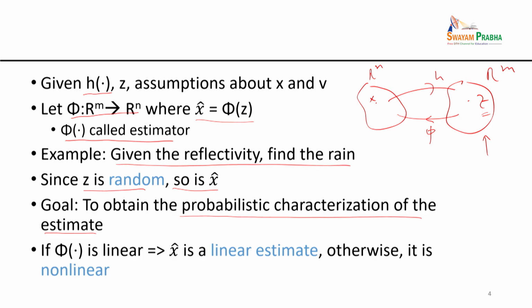So a complete way of describing a random variable is to characterize its probability distribution. If phi is a linear function of z, it's called a linear estimate, otherwise it's called a nonlinear estimate. So in my formulation, both linear and nonlinear estimation are embedded within this framework.